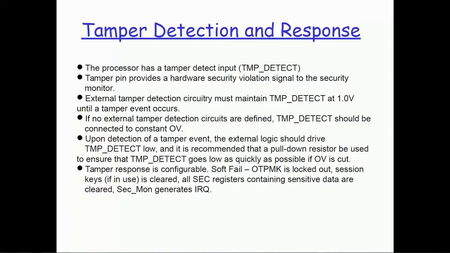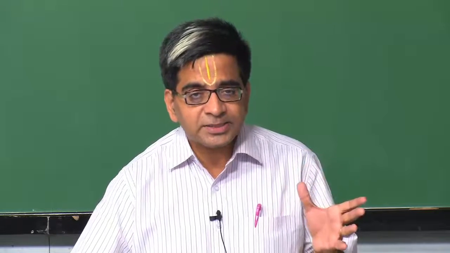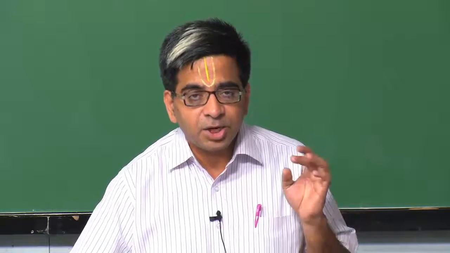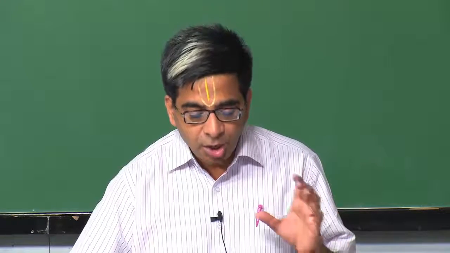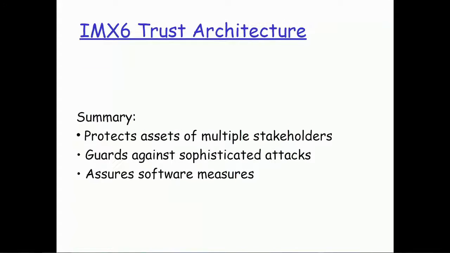When a tamper event occurs, the tamper detect pin will be given 0 volt, and what needs to be done when it detects the voltage difference is actually configurable. So, whether I have to go ahead and delete certain particular memory areas or certain files, whatever it is, all these are configurable, which I can just configure and then get those things actioned upon whenever a tamper is detected, right.